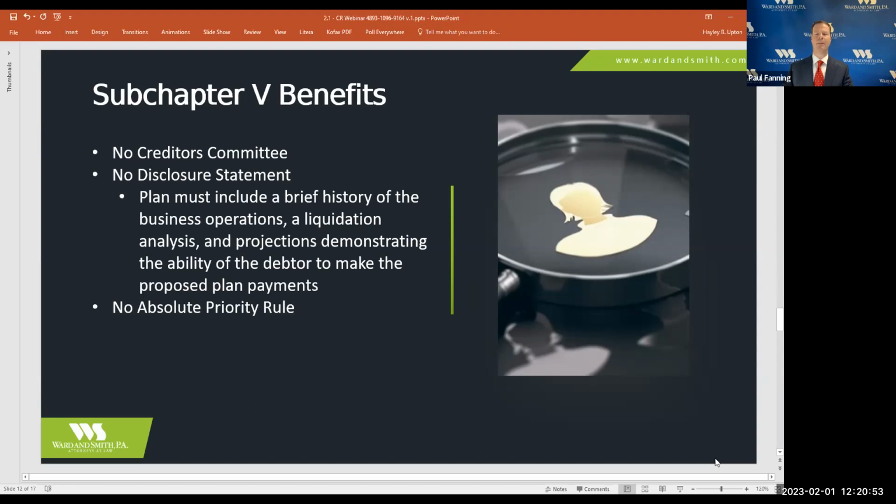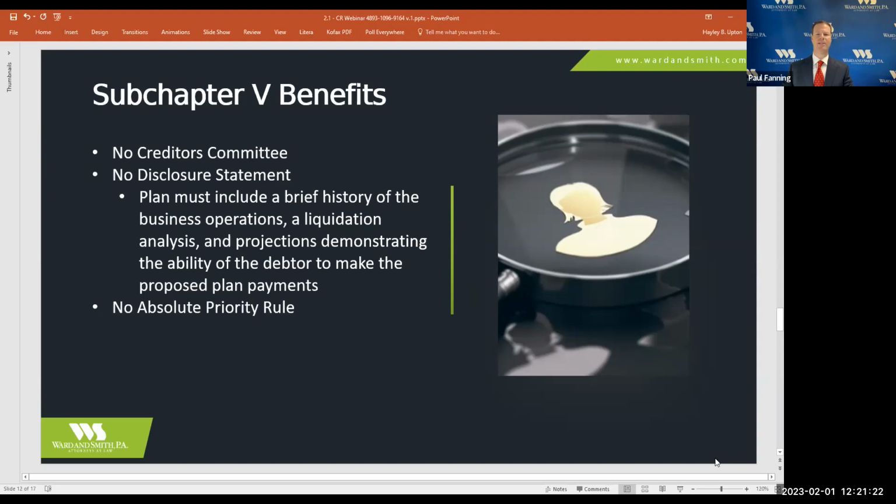The bankruptcy court may order that the debtor be removed from possession for cause. What do we mean by that? As Lance was talking about, fraud, dishonesty, incompetence, gross mismanagement of the affairs of the debtor. And it's important that it could be either before or after the bankruptcy filing.